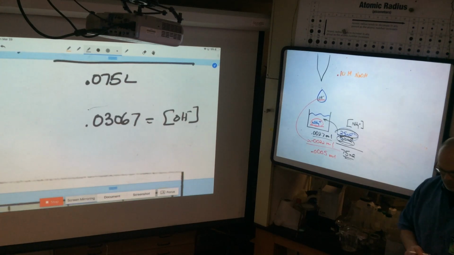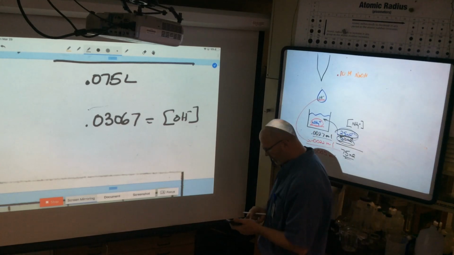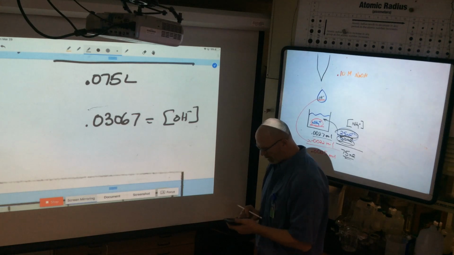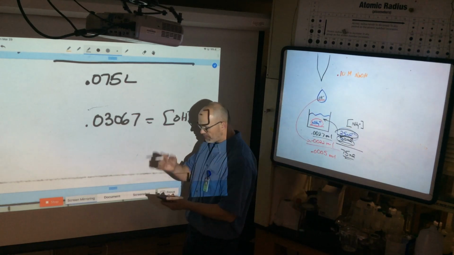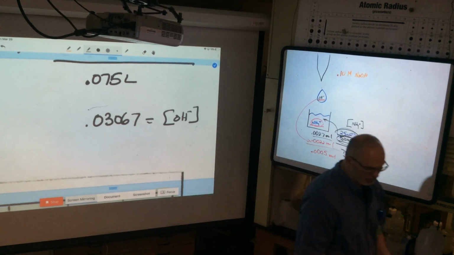Let's go find the pOH. Negative log that sucker, and what I get is 1.51. I'm going to take 14 minus that.